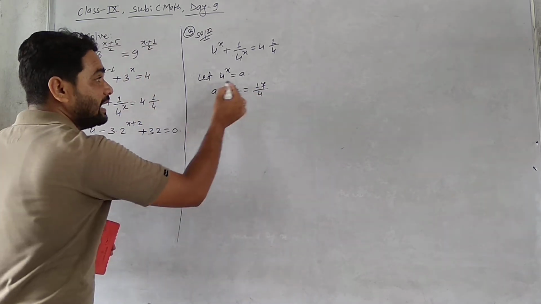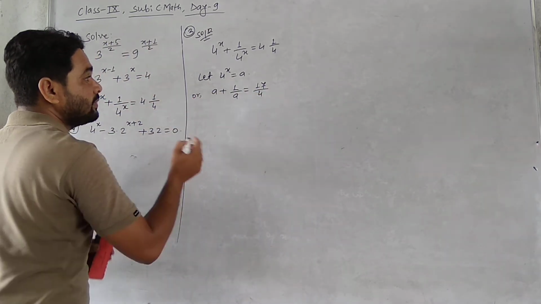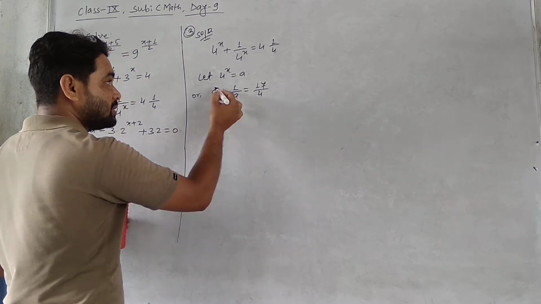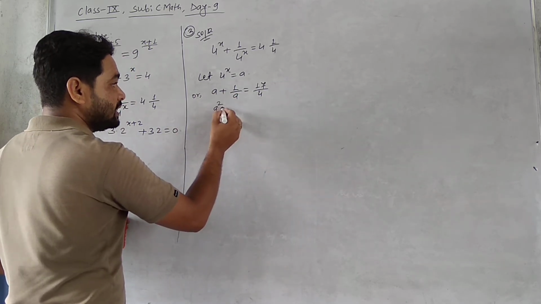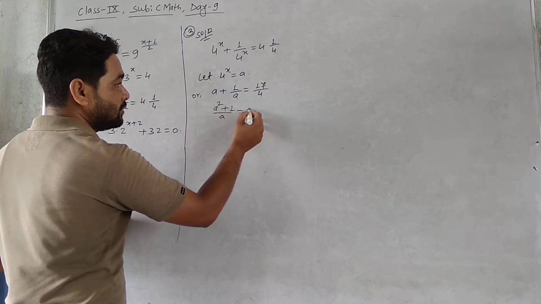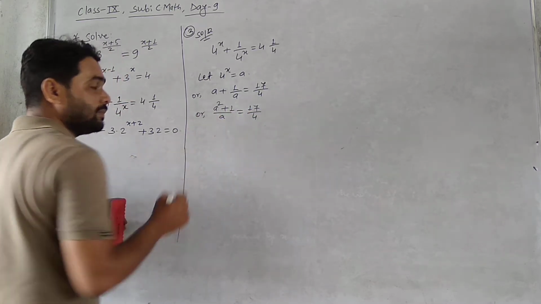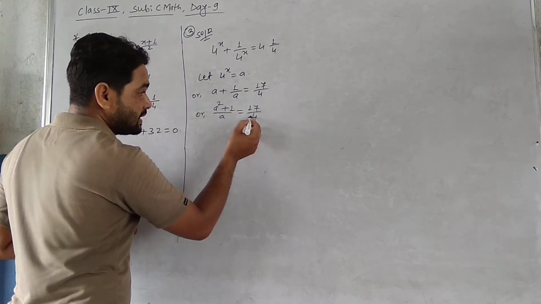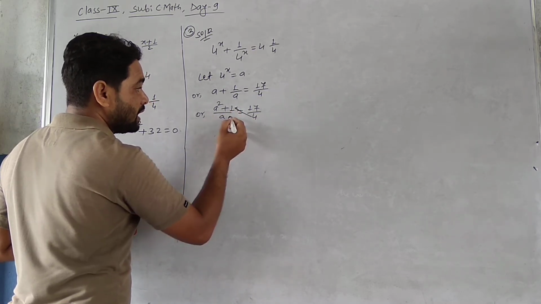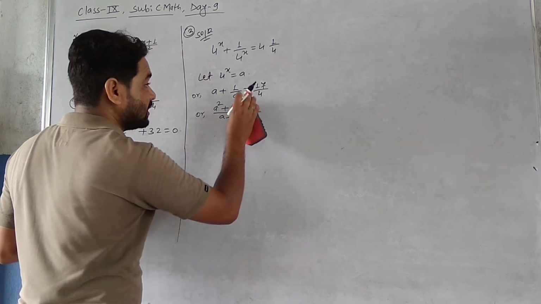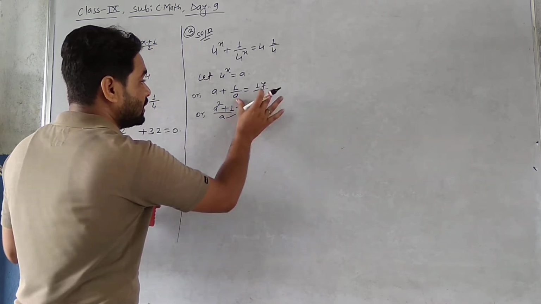Now let's simplify this: a as the LCM, and this a multiplied with this a, we get a square plus 1 equals to 17 by 4. Now cross multiplication, this 4 multiplies with this a square plus 1 and this a multiplies with this 17.